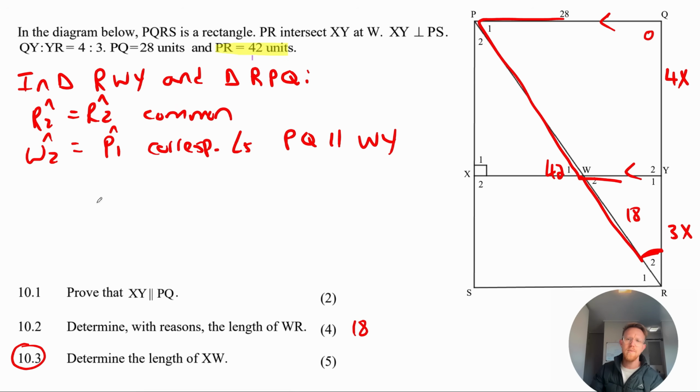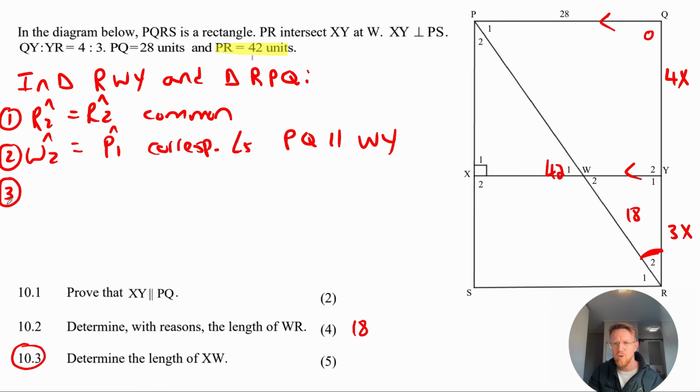And then remember, guys, when you are proving two triangles are similar, if you have already found two angle pairs, then the third will always be the same because of sum of angles in a triangle. Or you could have used corresponding again if you wanted to. I'm just going to use sum of angles in a triangle, so that'll be Y1.